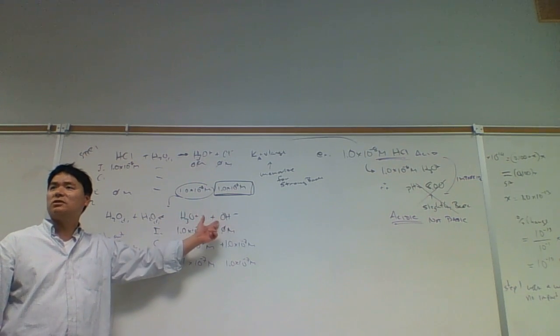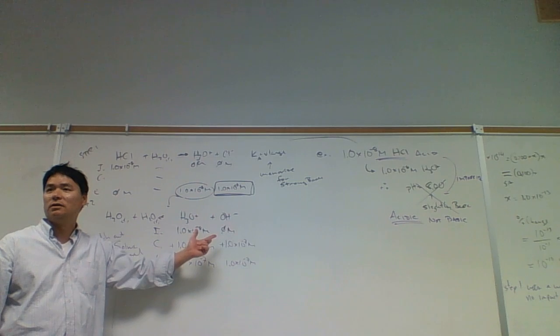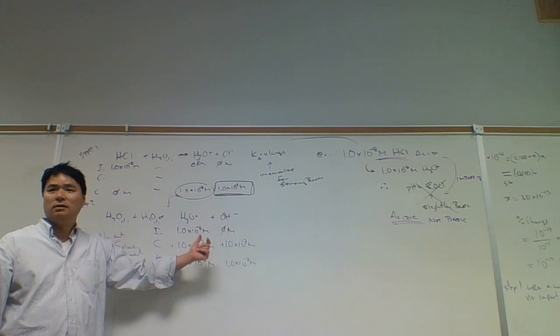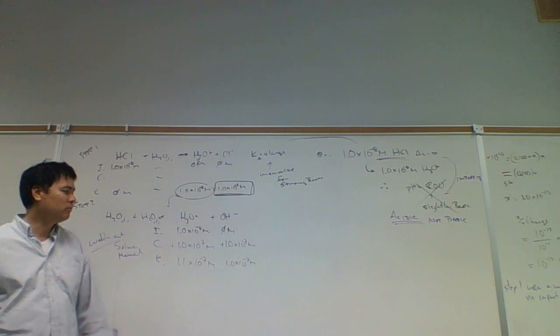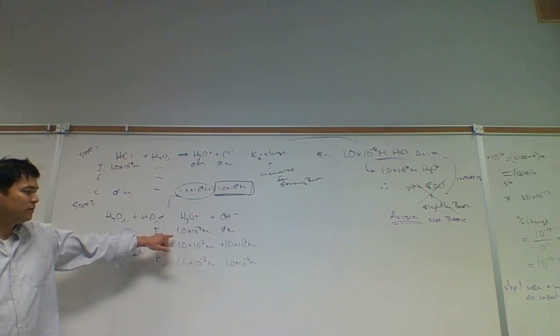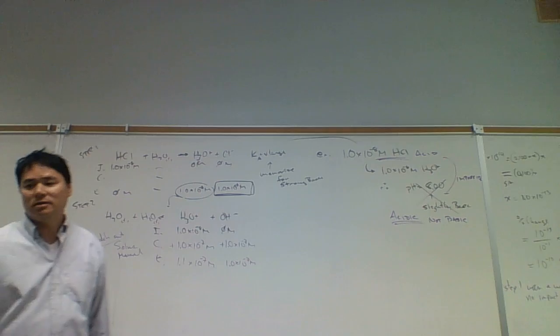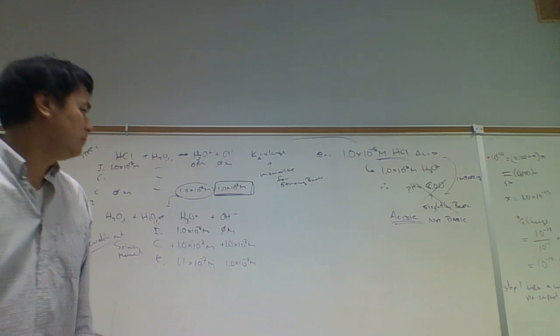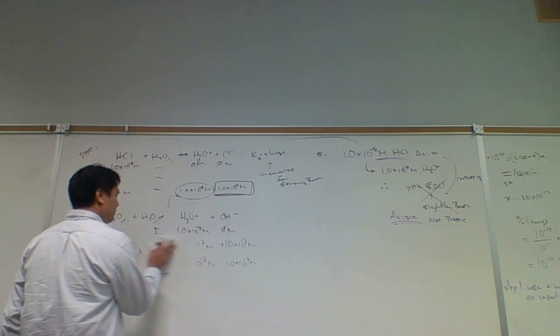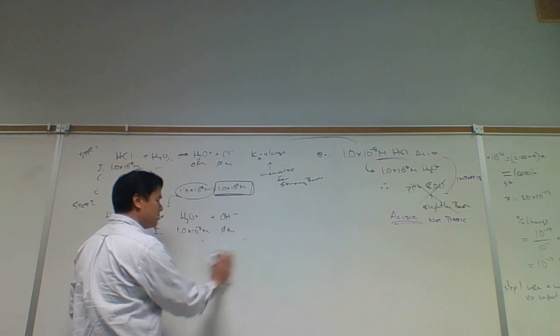If this was 0 and 0, then there's open fields, right? And deer and antelope can roam freely. But now we have this extra hydronium in here, and that's going to cause trouble, right? And so this is wrong. Your book does this. Be aware of that.